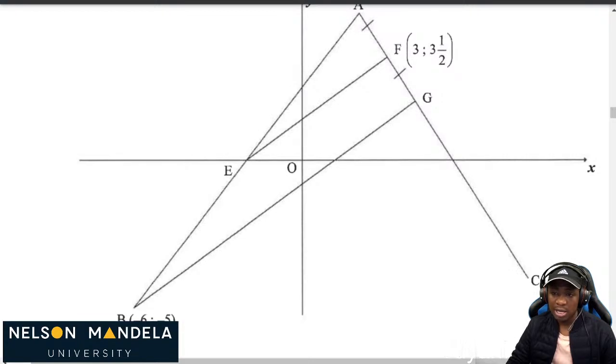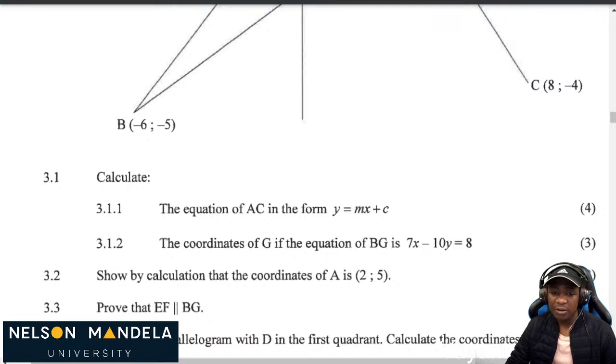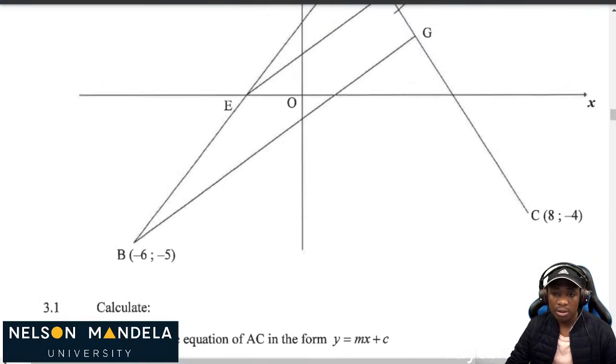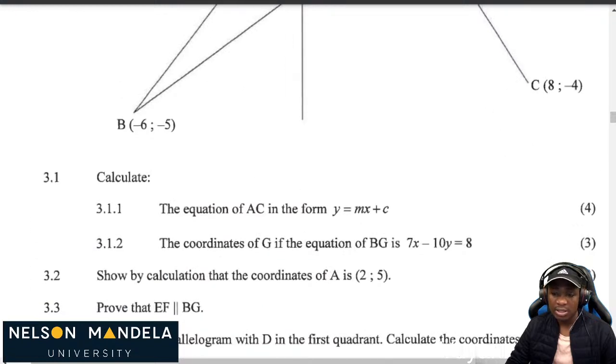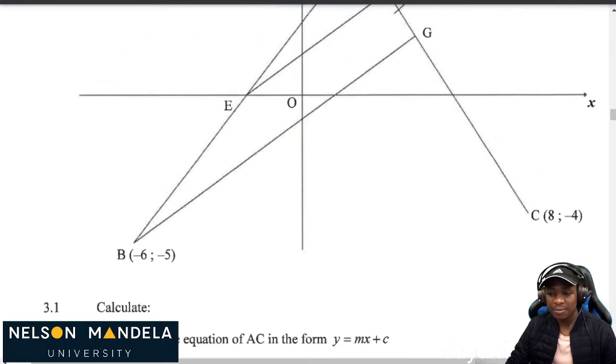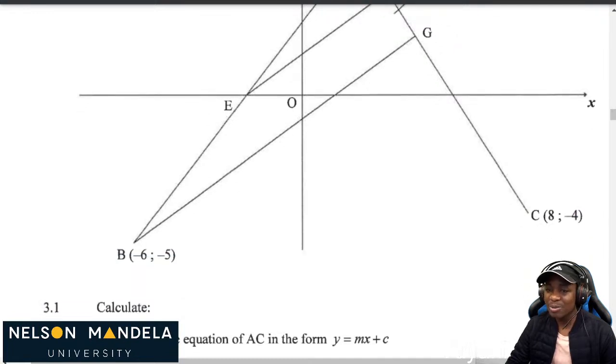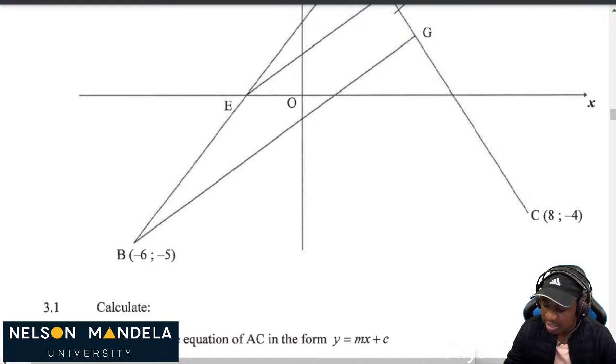There is G. If the equation of BG is 7x minus 10y equal to 8, this is also simple. Why am I saying that? Because point G is located on both line BG and line AC, which means G is a point of intersection.